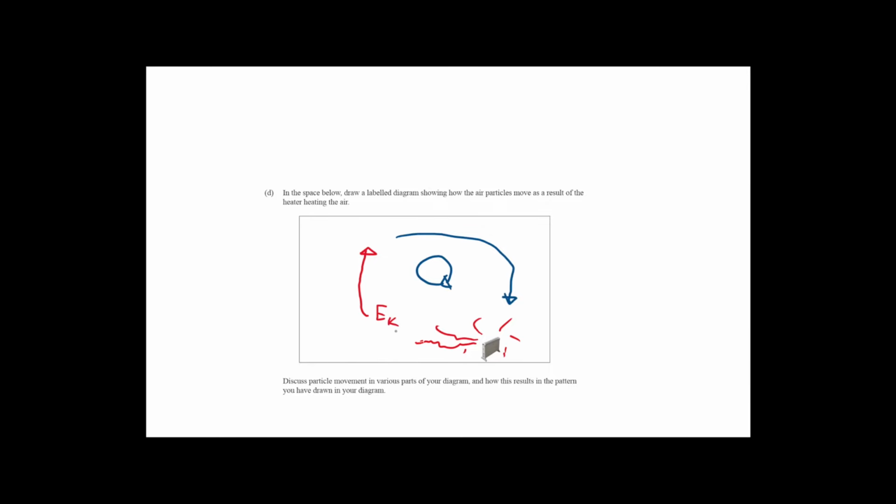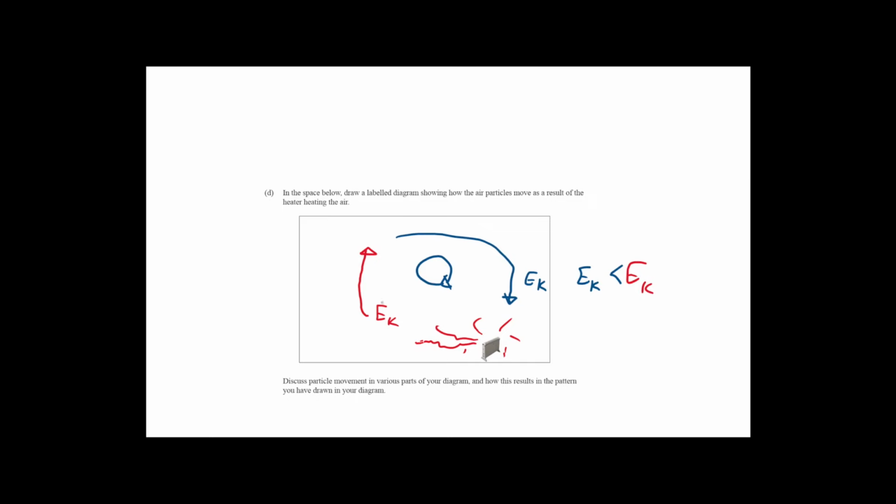You could say that the kinetic energy at the bottom of these things is here. So the kinetic energy here is less than the hot kinetic energy there. But that's the basic shape that you'd want to put.